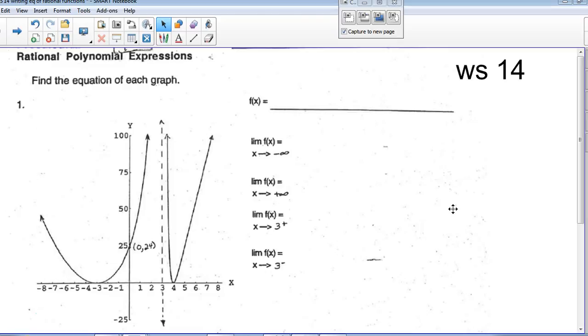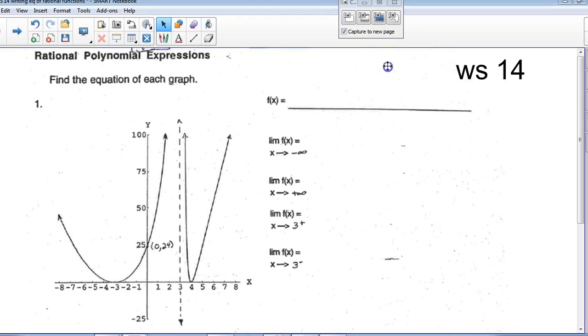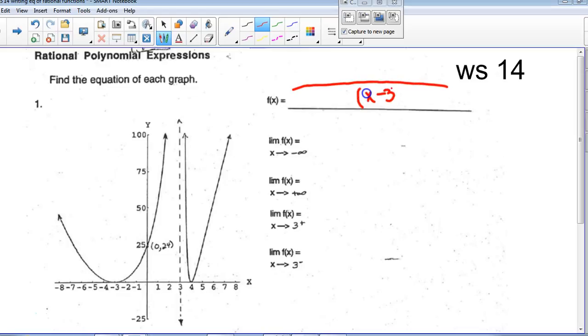There is an asymptote at x equals 3. That means there is a factor of x minus 3 where? In the denominator. Okay. What makes things factors of the numerator?